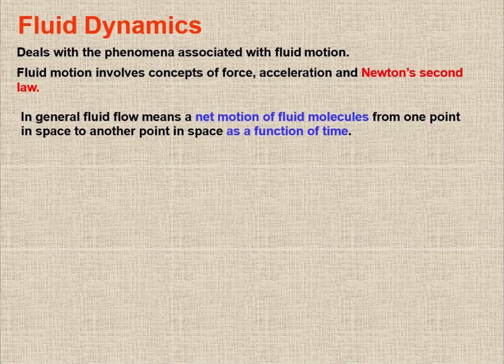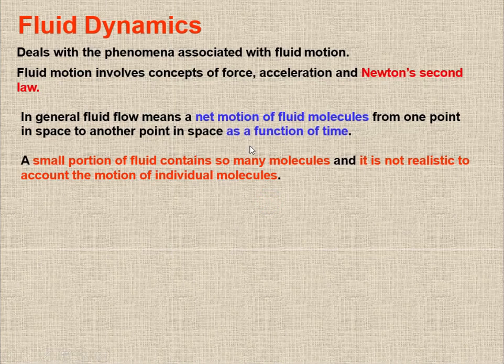In this chapter we will also focus on some important definitions and concepts. In general, fluid flow means the net motion of fluid molecules from one point in space to another point in space as a function of time. A small portion of fluid contains so many molecules that it is not realistic to account for the motion of individual molecules.